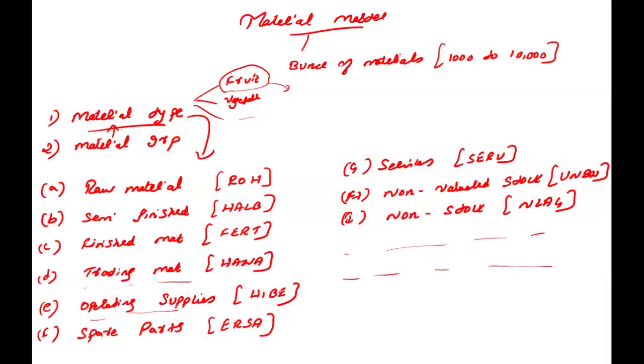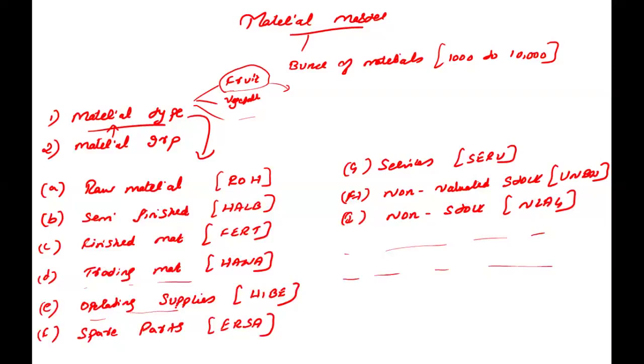I think you know the vending machine. So you need to store a lot of food items there, or you can take the example of a coffee vending machine. When you have a coffee vending machine, you need cups, you need sugar. Those are all purchased by the company, but you are not selling those to the customer. You are keeping them for your own use. So those types of items are called operating supplies or consumables.